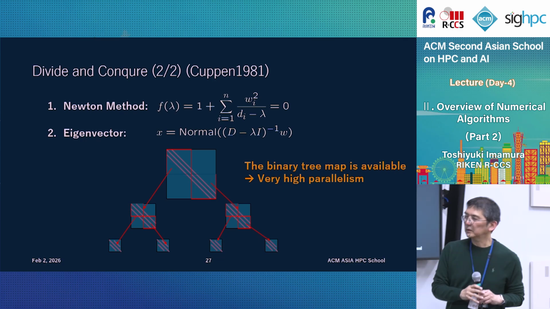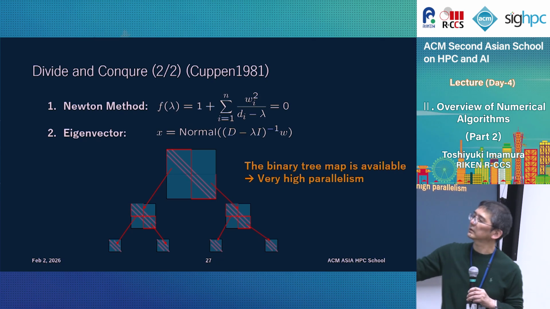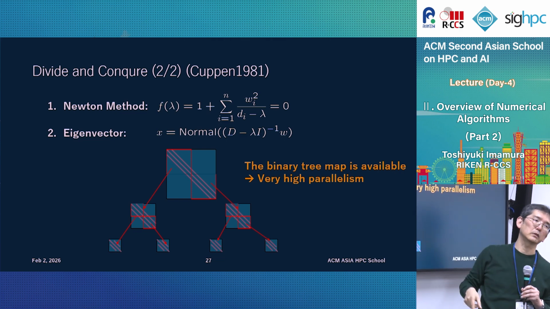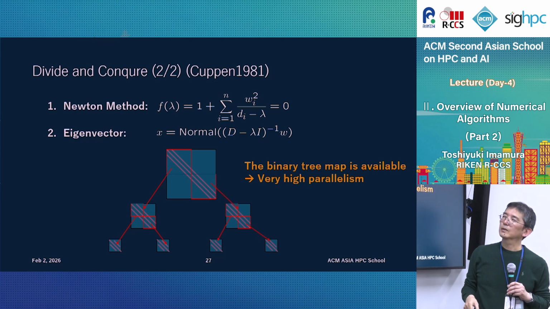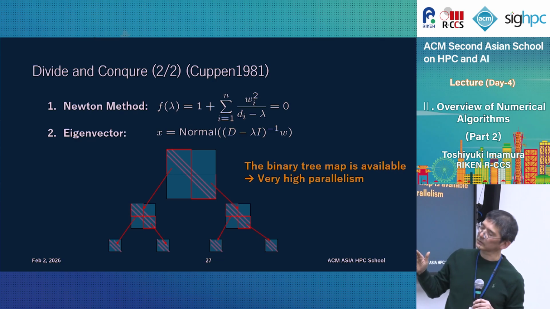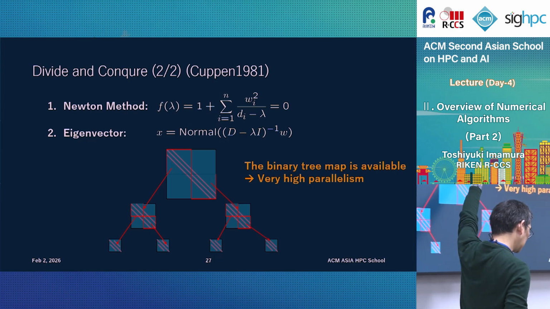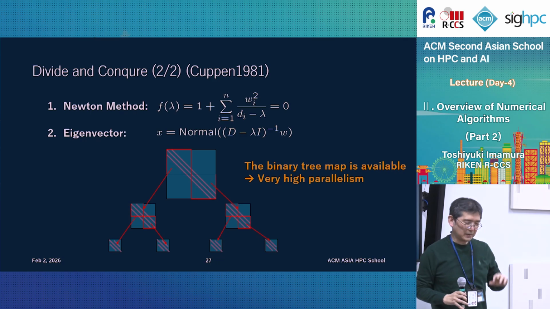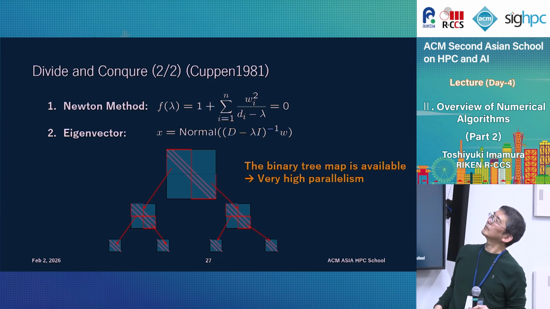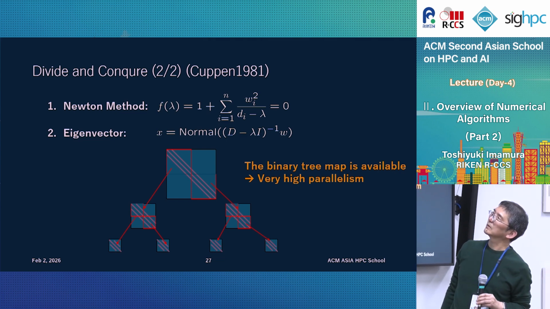Mathematically this process is intuitively understandable, but at each level we should compute this equation. The characteristic polynomial can be modified like this. So we just solve this equation. It's not a simple polynomial, but it has single pole rational equations.